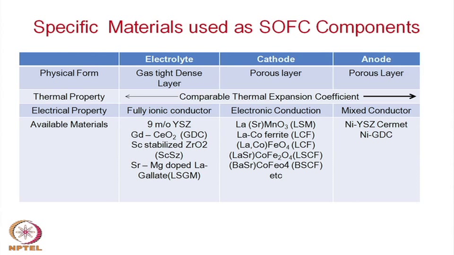So, one has to make a compromise or optimize how much percentage of nickel and how much percentage of YSZ has to be used for this kind of cermets. We will discuss that a little bit, what is the basic principle on which one decides or optimizes the composition. So, these are the different materials one has for the combination of the three different materials of our interest.